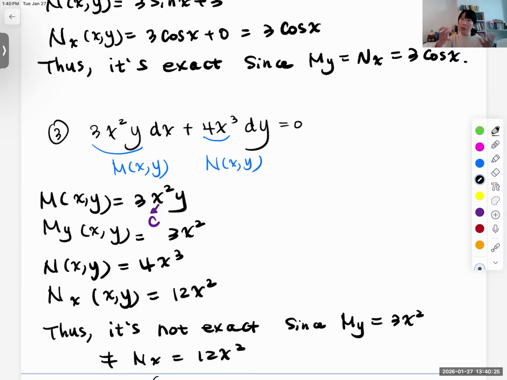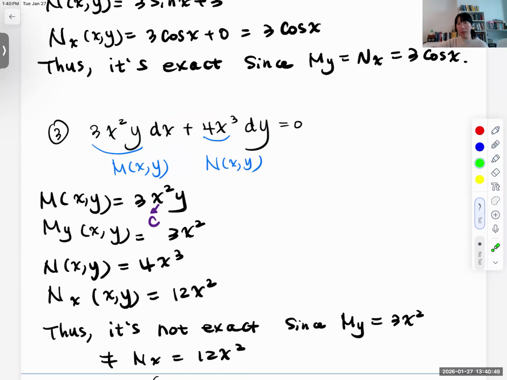If we have the original function f, then we want to know about exactness from the original function that matches with the partial derivative with respect to x, and then the partial derivative with respect to y, right? Here, we don't have the original function.